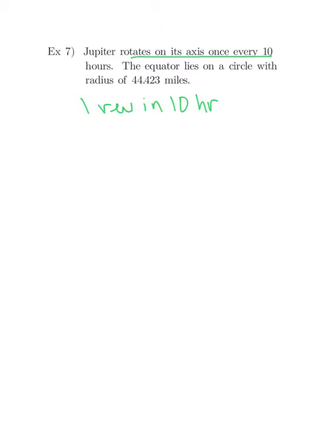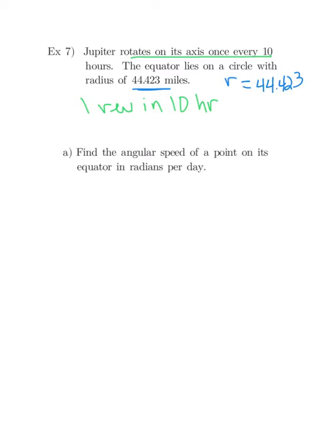That's what you need to understand about that. And then this, the 44,423, is R. Question A asks us to find the angular speed of a point on the equator in radians per day.